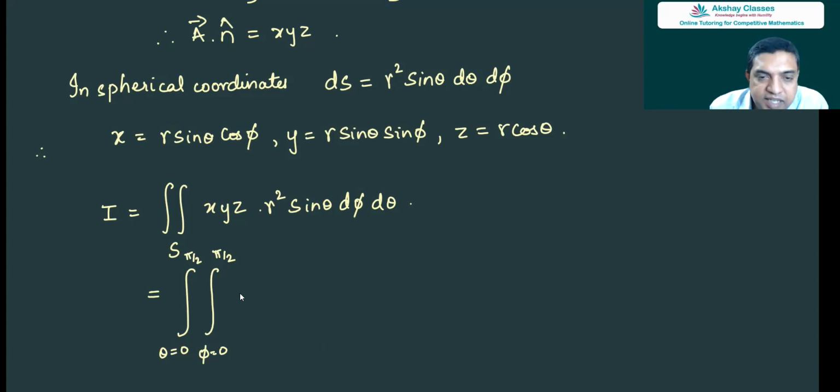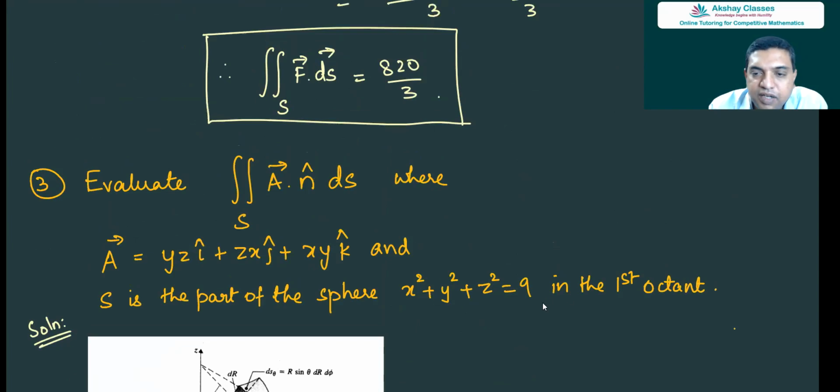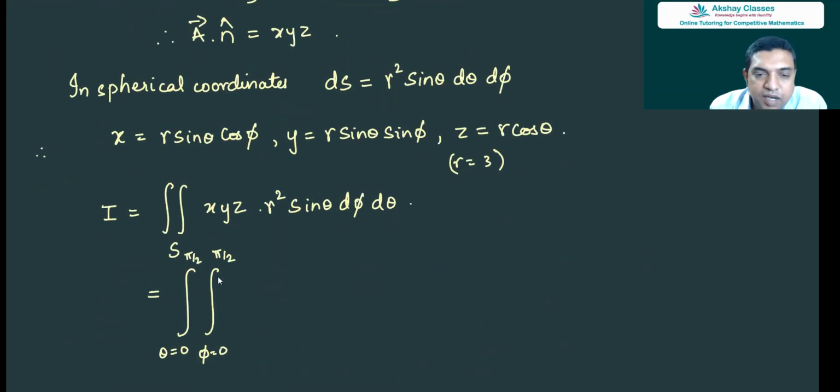Now we replace x. r is 3 throughout, because it's a sphere of radius 3.